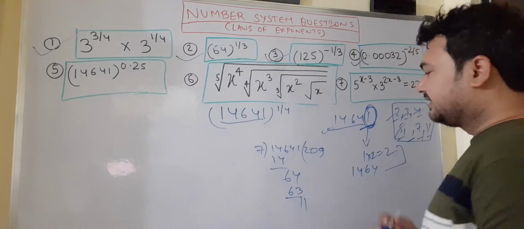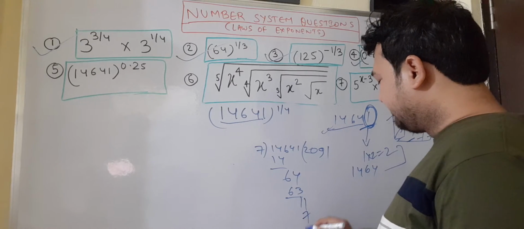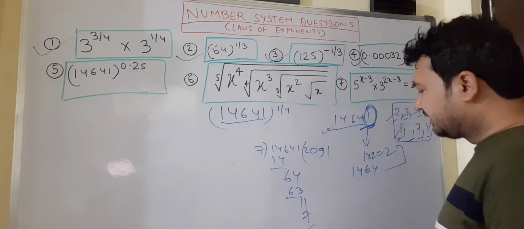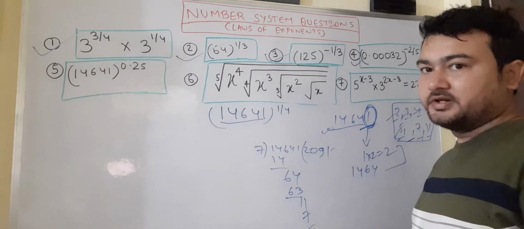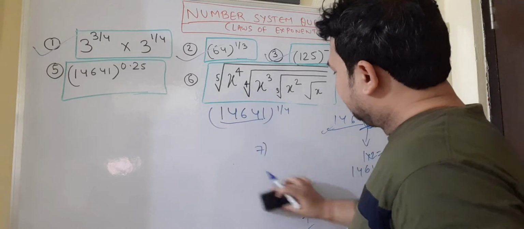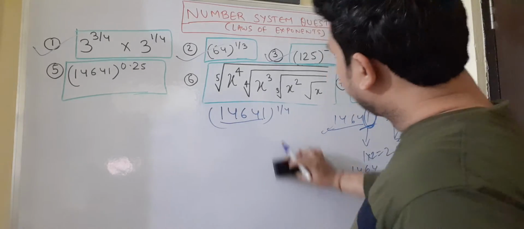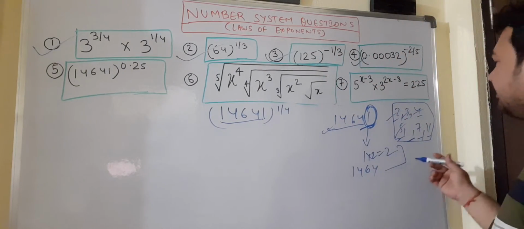Can you divide this 11 by 7? No. 7 1s are 7, 4 is left. Okay, you will have to put a decimal over here. It cannot be perfectly divided, so 7 is also ruled out.